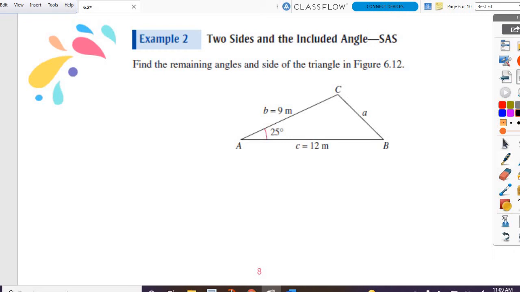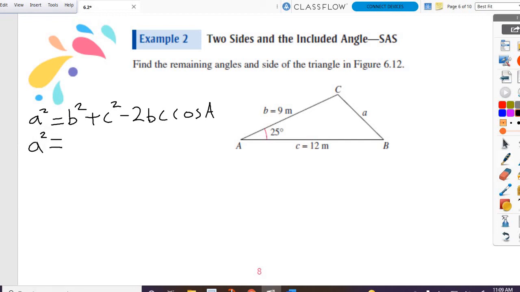I also can't solve for B or C, because I don't have side A. So we have to use our law of cosines, but this time we're solving for side A first. So we want to use A squared equals B squared plus C squared minus 2BC cosine of big A.